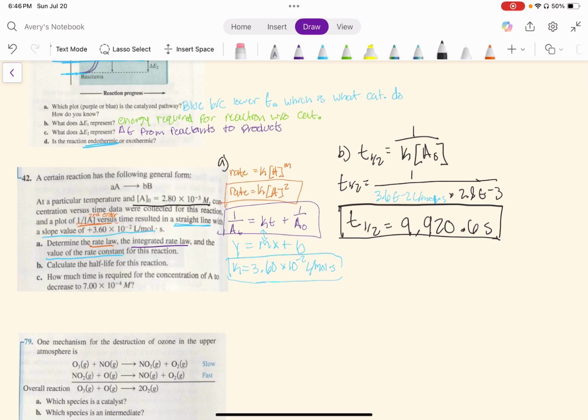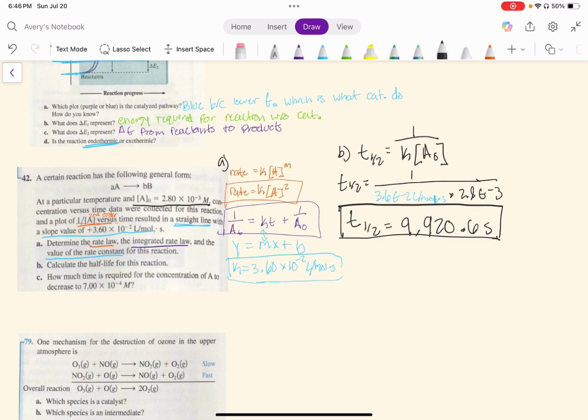Now moving on to C. How much time is required for the concentration of A to decrease to 7 times 10 to the power of negative 4 molarity? So now we are going to go back to our integrated rate law equation from A, and we are going to plug in our numbers and solve for t.